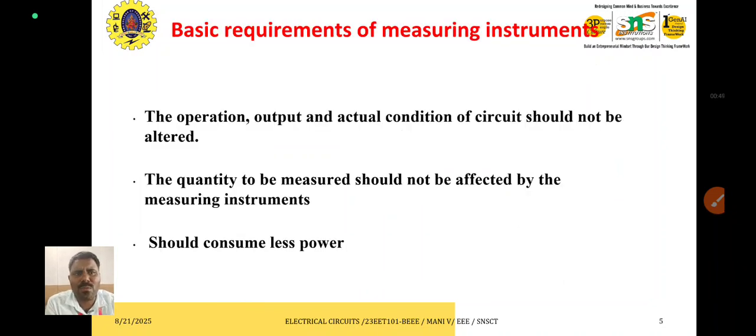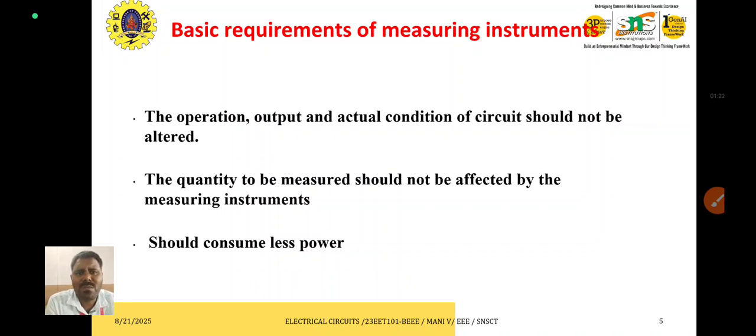So, the basic requirements of measuring instruments. The original circuit should not be altered, either before adding or after removing the instruments. And the original quantity being measured, whether current, voltage, power or energy, should not be changed either after adding or removing the instruments.